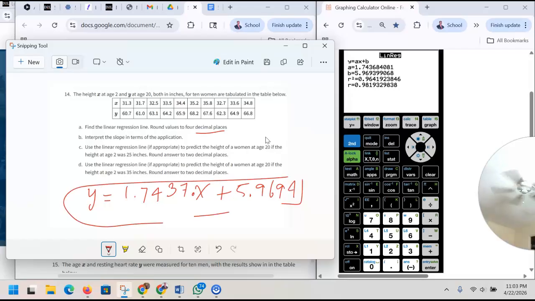So this is the regression line. And the question is asking what is the meaning of the slope.